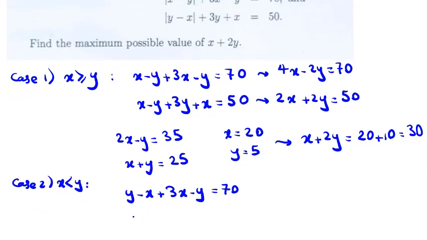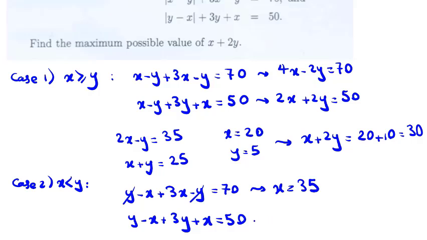The second equation: y minus x plus 3y plus x equals 50. So from the first one, the y's will be cancelled. 2x will be 70, so x will be 35. Here, x and negative x will be cancelled, so 4y equals 50. So we can say y equals 12.5.